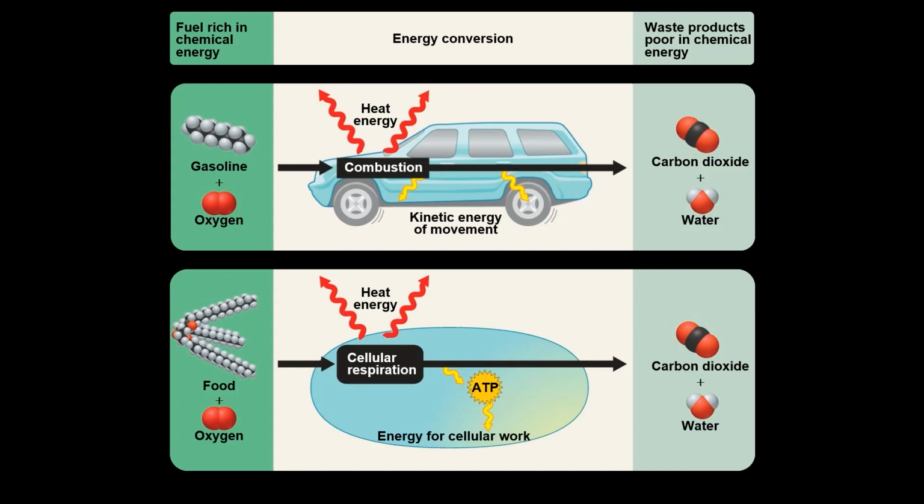We get chemical potential energy for our cells out of this chemical reaction, and the byproduct of those chemical reactions is heat, which is part of the reason why we are so warm. Our metabolism generates heat. And what do we breathe out? We breathe out carbon dioxide and water. That's part of the waste that we create, because that's what's left over from these hydrocarbons and oxygen after the chemical reaction has completed.